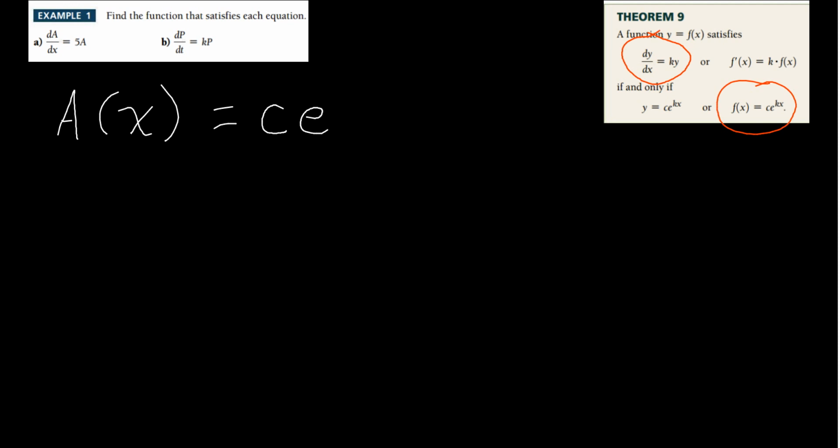Well, blank here is just going to be 5, because we're going from here. So we're going to say 5x. And that's it. We just followed along. We can convert a statement of dA over dx equal to 5A to ce to the 5x.